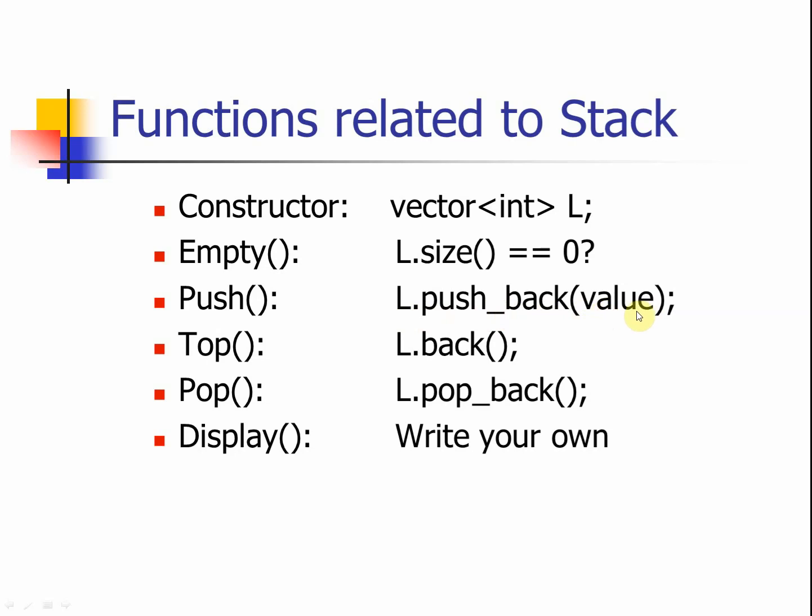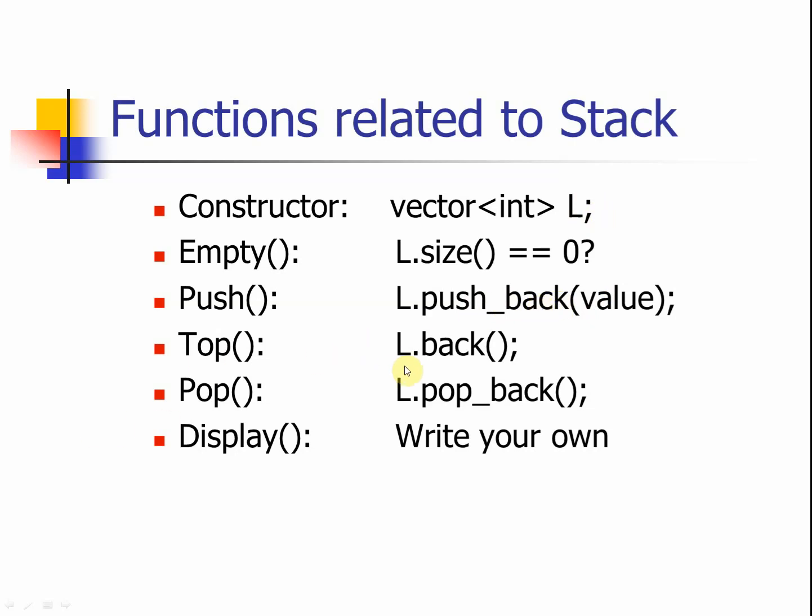Put a value, and you don't need an address location because there's only one place you are able to push, which is the end of the vector. Once you push it, you will add a value into that. And you will see when you define the vector, you do not specify the space because the space can be dynamically generated. If you do a push, you add one more item. If you do 2 pushes, then you have 2 items over there.